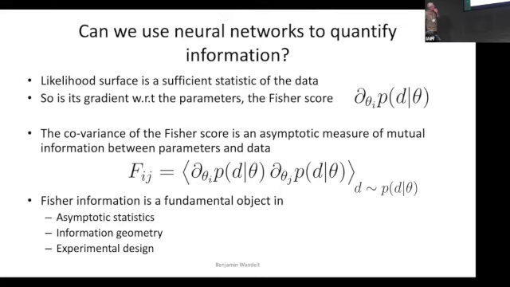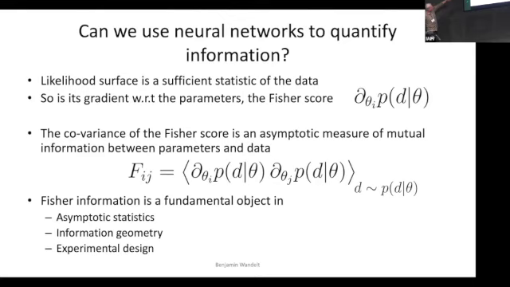For people that are interested in information, if you want to extract information from data, the most complete way of doing that is to actually get the likelihood surface or its gradient. Those are sufficient statistics if you have them everywhere.